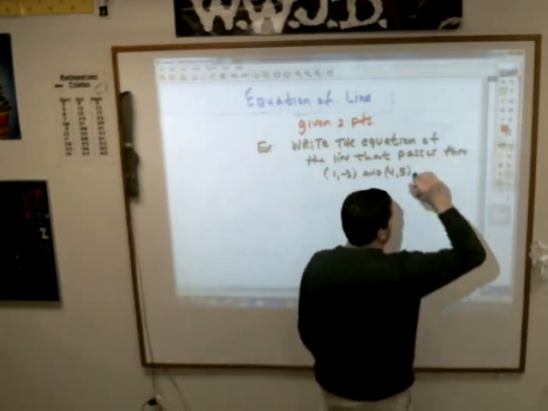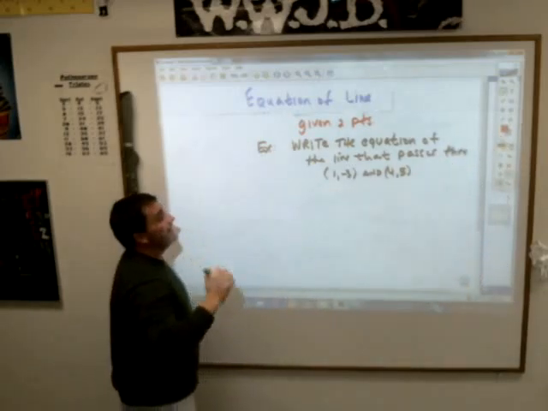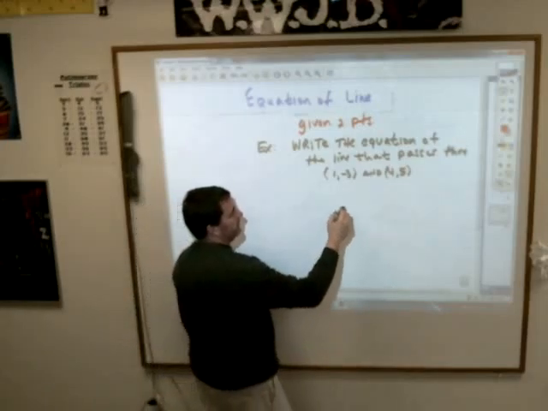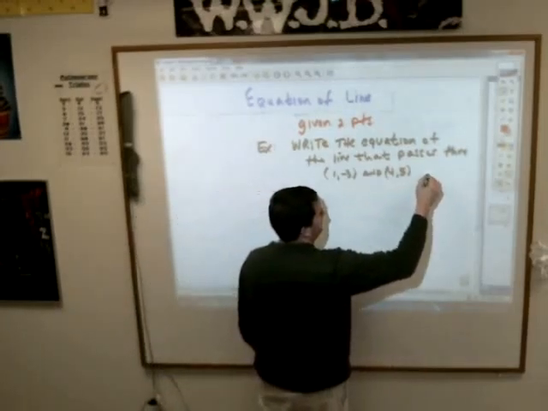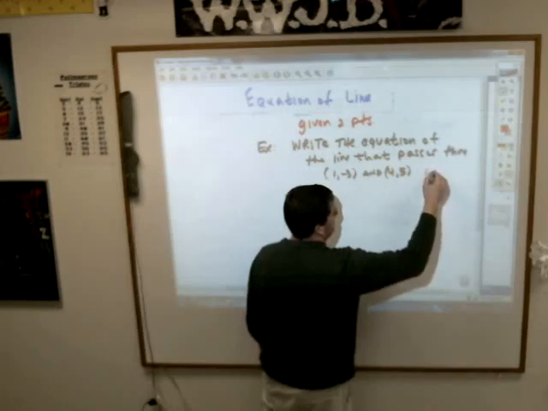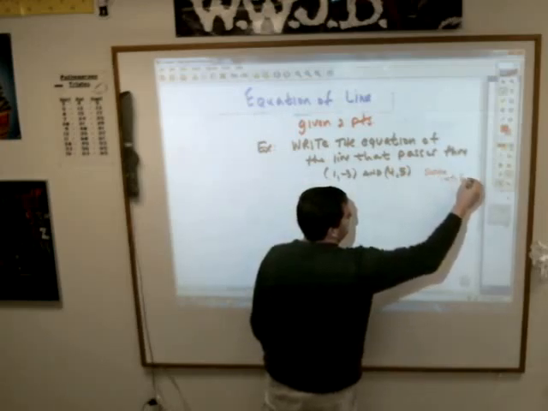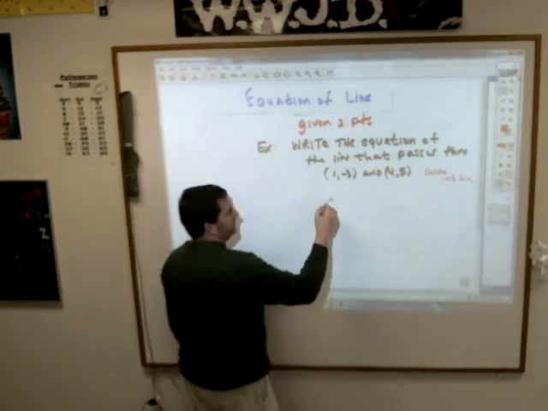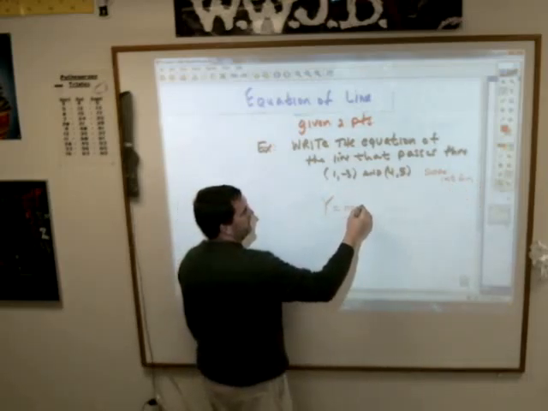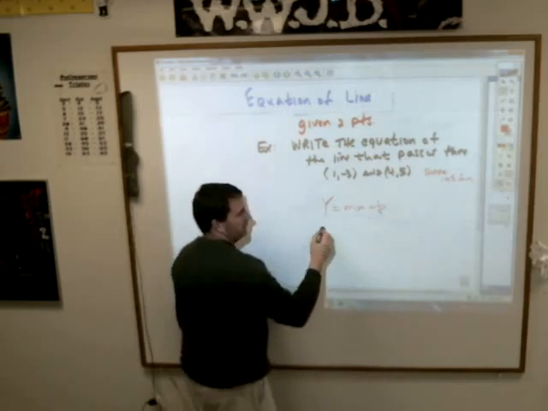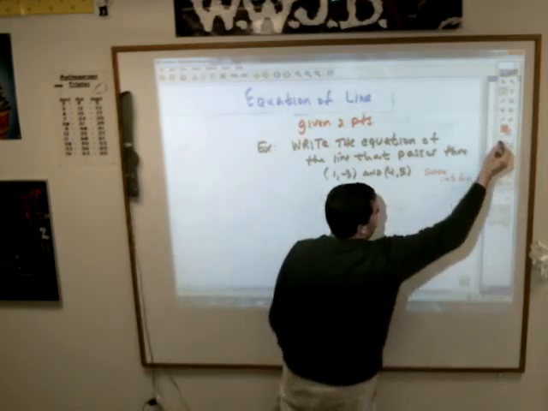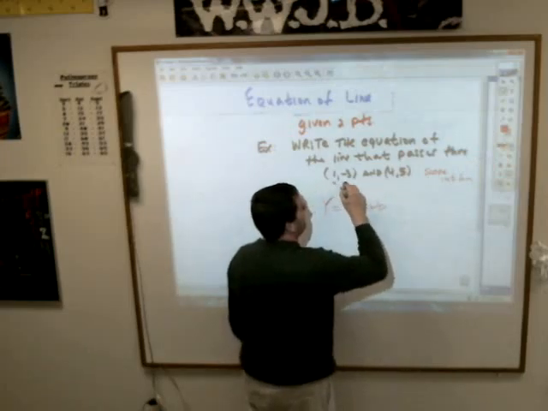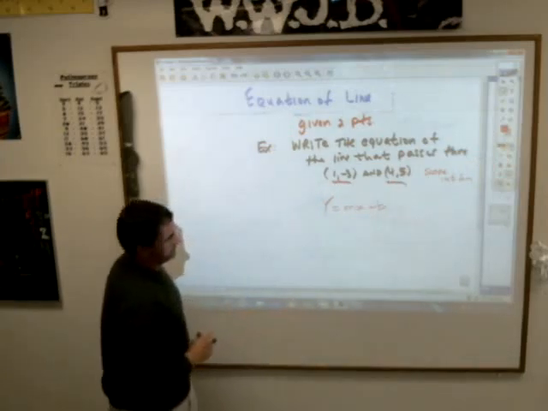In other words, I want to know what the equation of the line is in slope-intercept form. That's traditionally what we like to use, not really standard form. I want to know the y equals mx plus b equation for a line that passes through those 2 points.